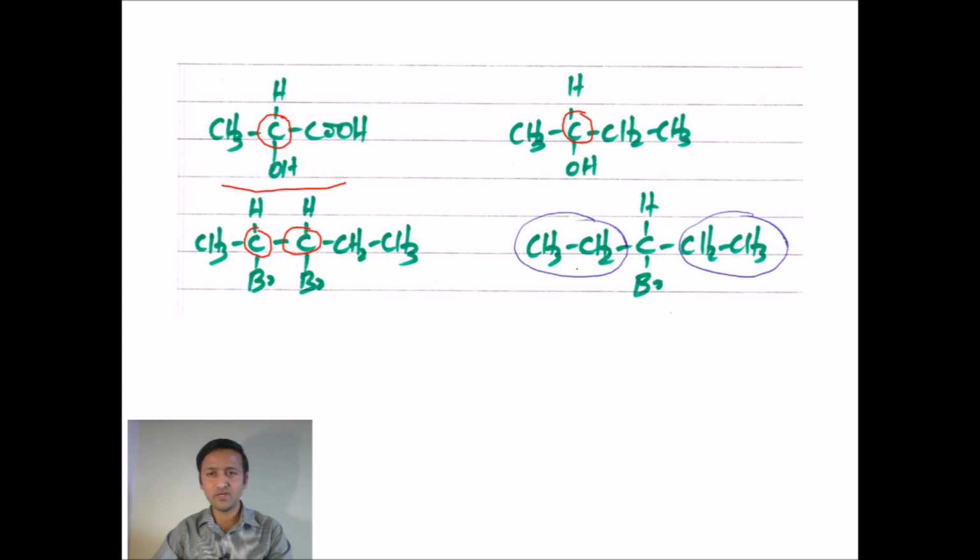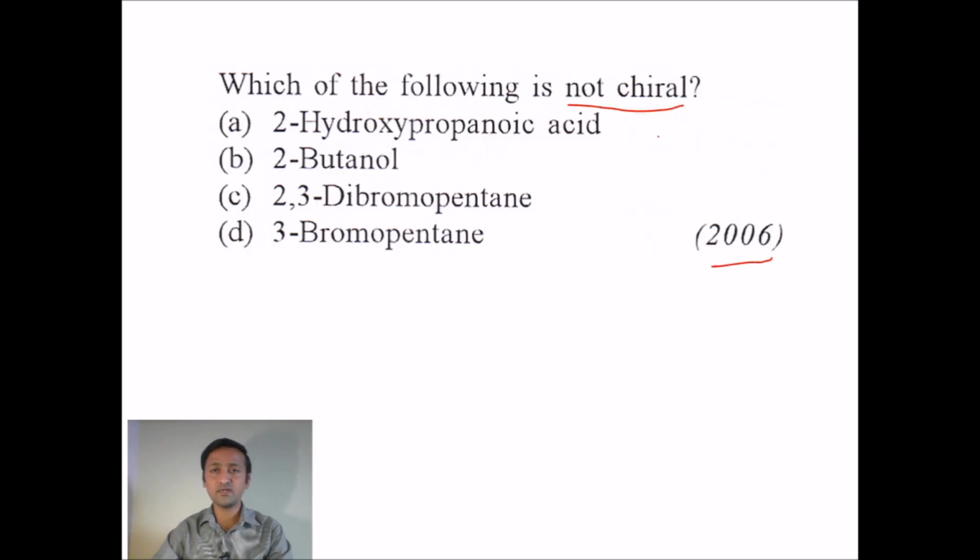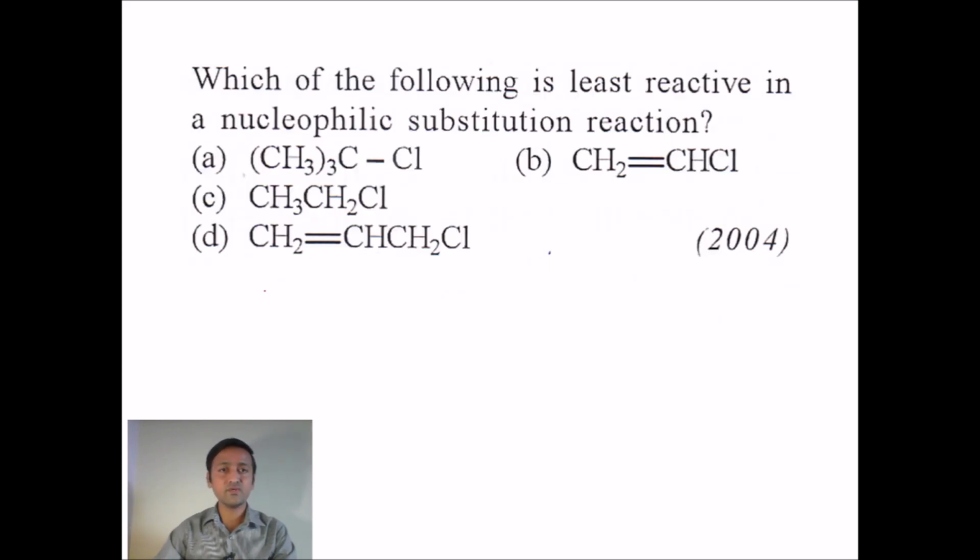And the last one, 3-bromopentane: you can see here two groups, ethyl, and here also you got ethyl, right? So there is no chiral carbon atom present in 3-bromopentane. They're asking which is not chiral, so the right answer is 3-bromopentane. Okay, next one now.